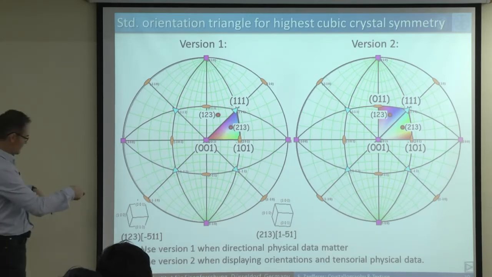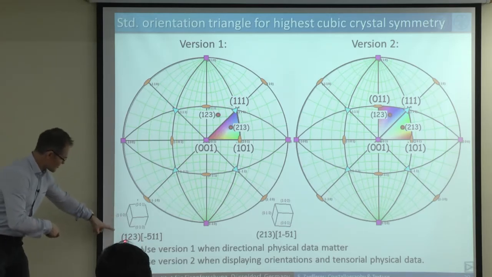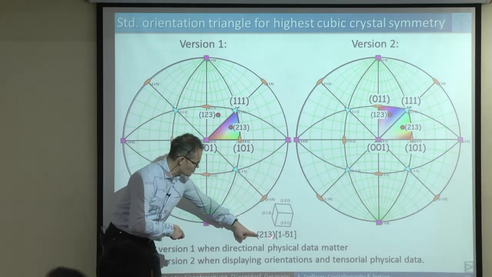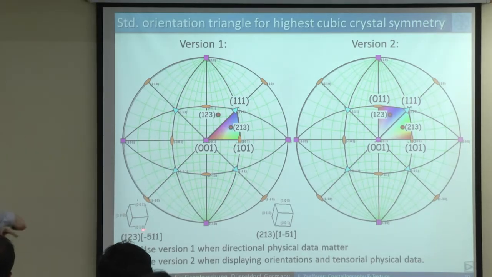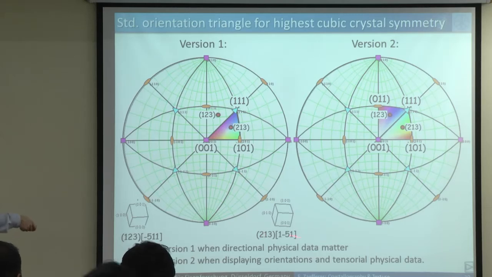Exactly. So that's good to have here. We have here an orientation 1, 2, 3, 5, 1, 1, and here an orientation 2, 1, 3, 1, 5, 1. So both directions are identical. 2, 1, 3 is symmetrically equivalent to 1, 2, 3, and 5, 1, 1 is symmetrically equivalent to 1, 5, 1.